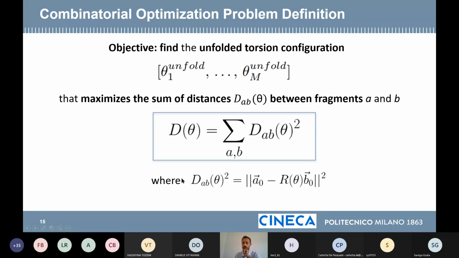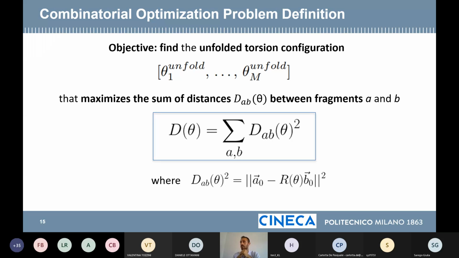What do you mean? Not all rotation angles are permitted? Yeah, this is something that we didn't implement inside the QUBO. For example, you're saying when two atoms overlap, you may have something like that.